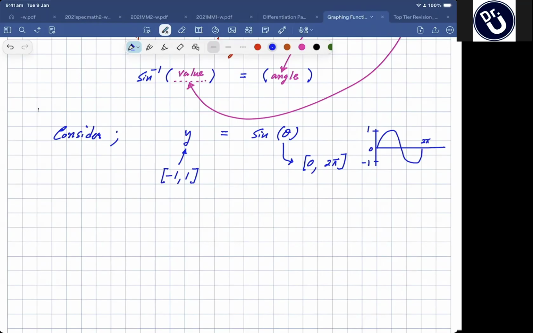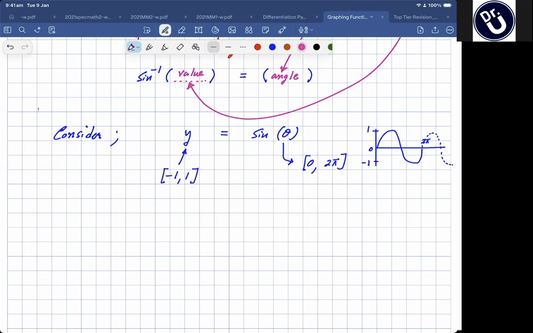Now, 0 to 2 pi. Right? Now you can generalize it if you want. So you can further go from here and here.